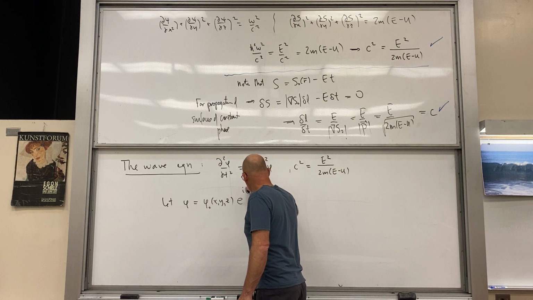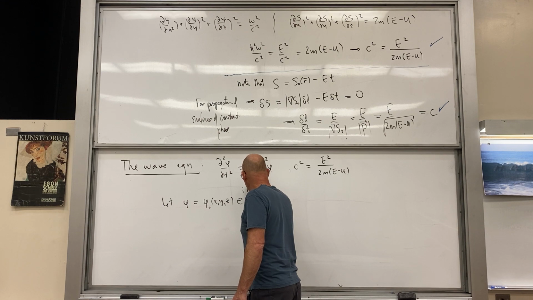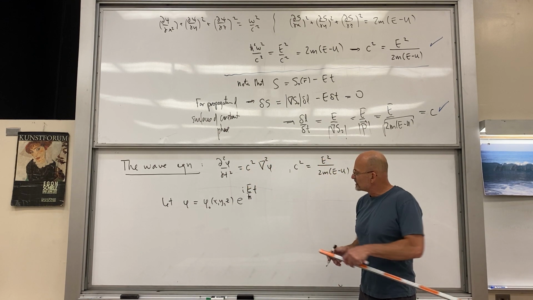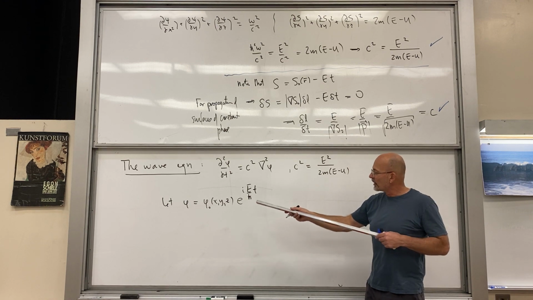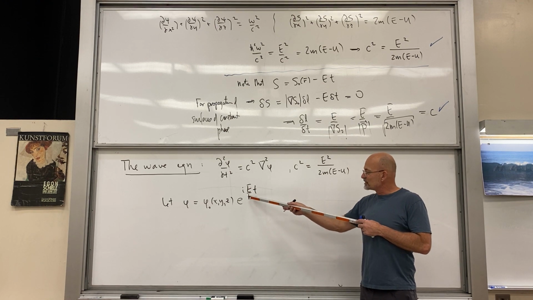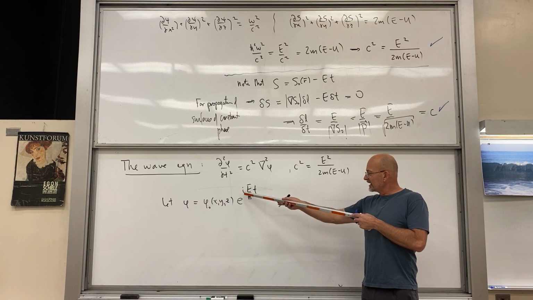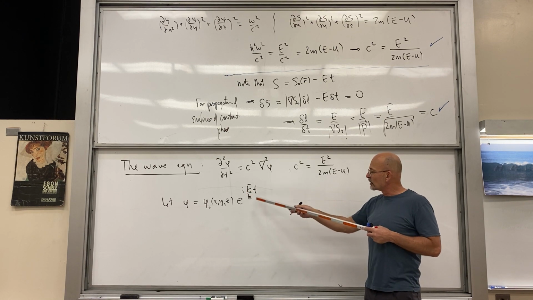We're going to have E over h bar t, because this is just the ansatz that we would do with the wave equation. And E over h bar would have been our omega, so it would have been e to the i omega t. Now it's E over h bar.